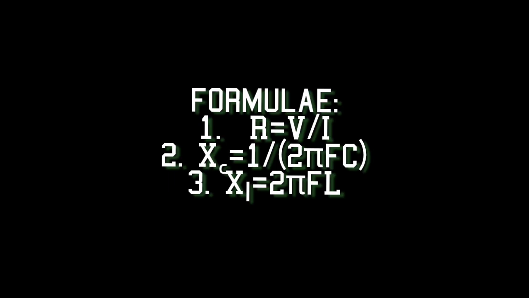And then the inductive reactance, from which we can find L equals XL by 2 pi F, where Xc and XL are the reactances of the capacitor and the inductor.